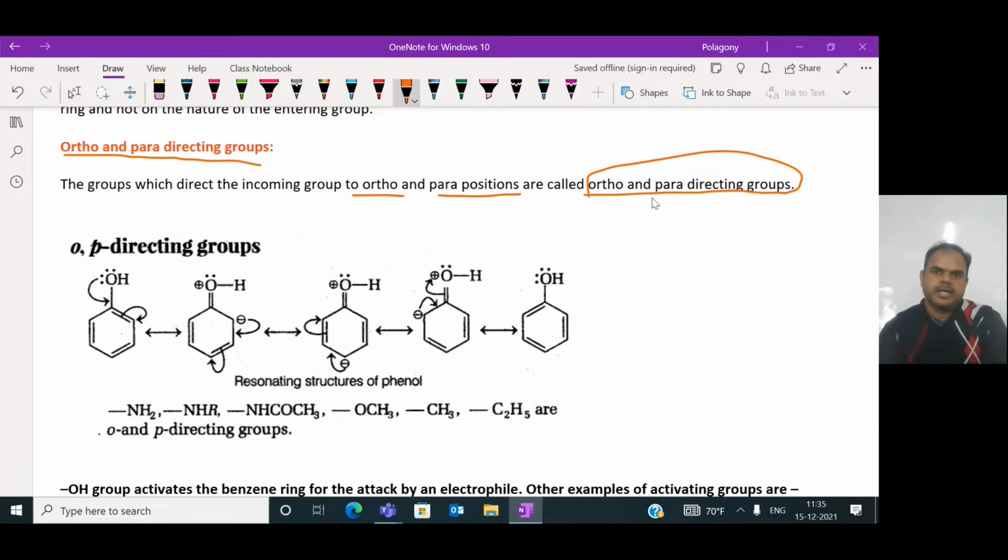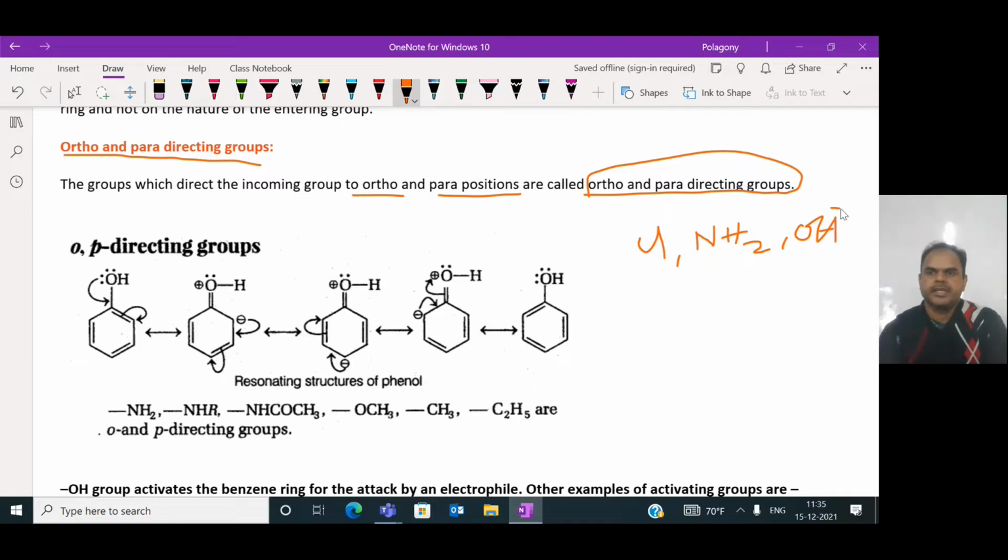So what are these ortho para directing groups? There is chlorine, there is the NH2 amine functional group, and the hydroxide OH.